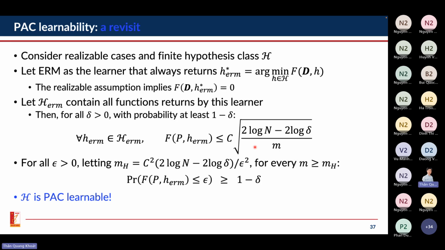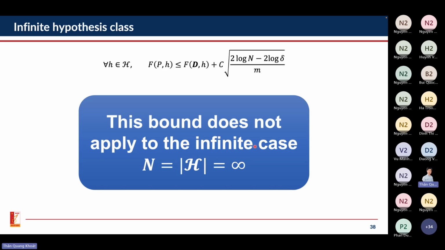But in practice, when we choose one model family, it can contain an infinite number of members, right? For example, if we choose a linear model, it already contains an infinite number of members. So in that case, we cannot apply the result before, right? Because here should be infinite. So this bound should be useless, right?